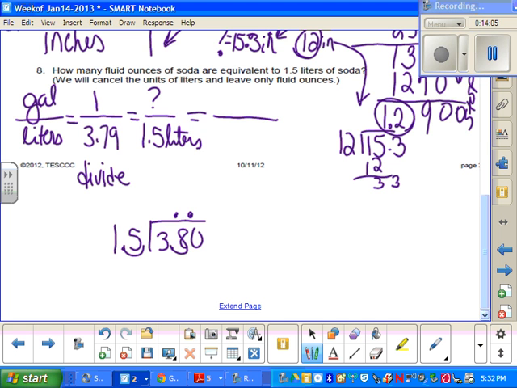Moving our decimals over. About 5. Yeah, I think it's 5. Gives us 75. So we get about 2.5. We can just stop there. We get about 2.5.